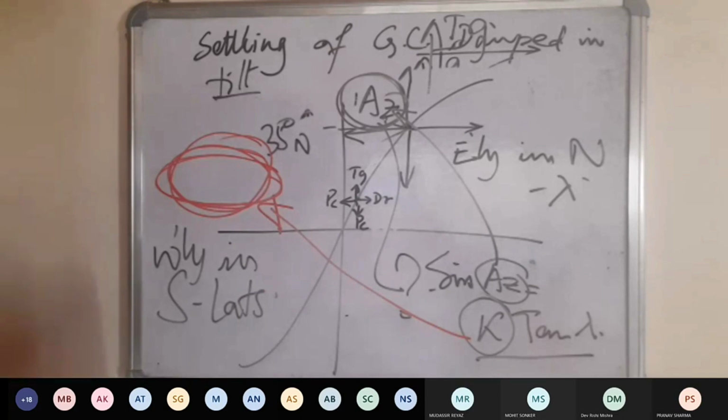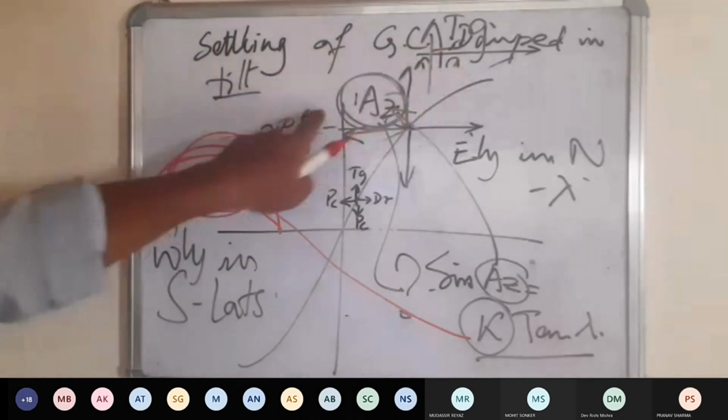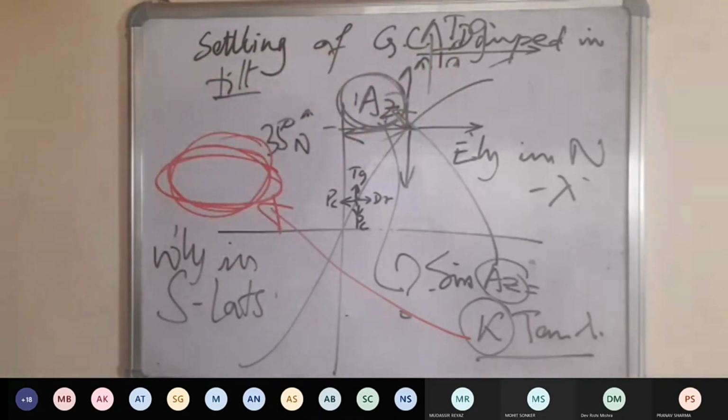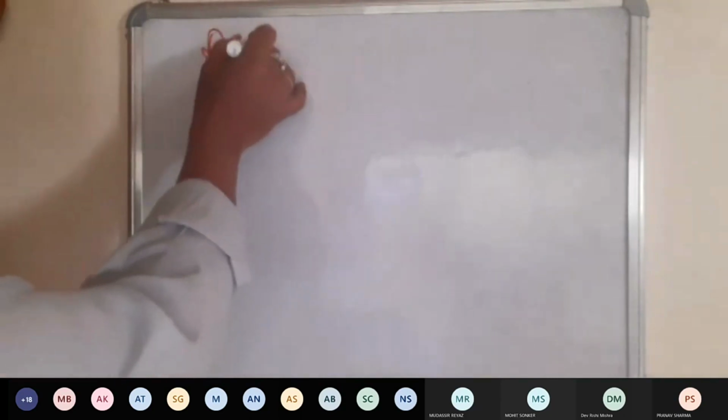So have we understood damping, or the settling, of the gyro compass which is damped in tilt? Yes sir. All right. Time is up, but since it is very short, we will conclude with compasses damped in azimuth.